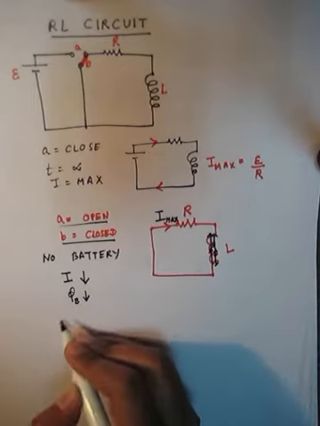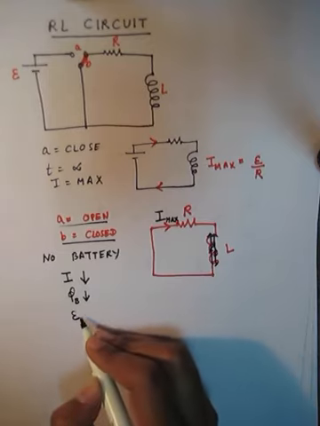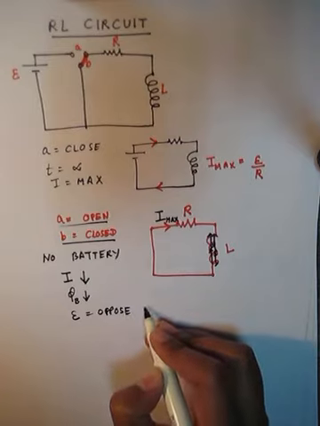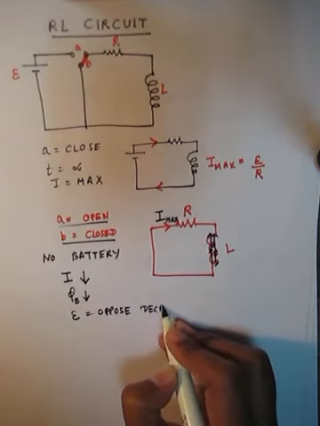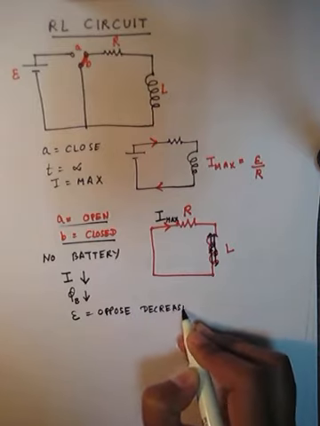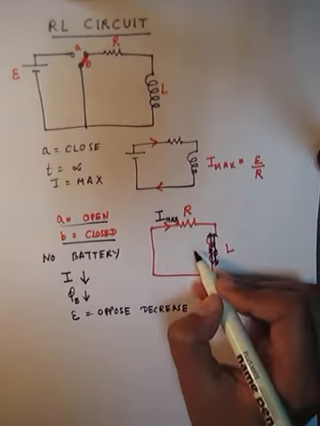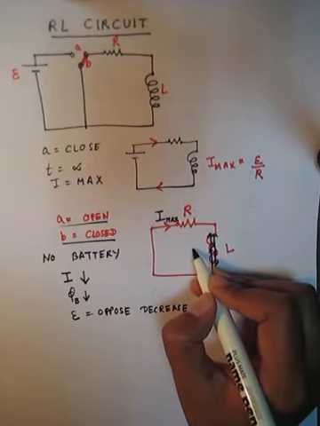When it decreases, an EMF will be induced which will try to oppose the decrease in current. So it will behave like a battery which will try to enhance the current.